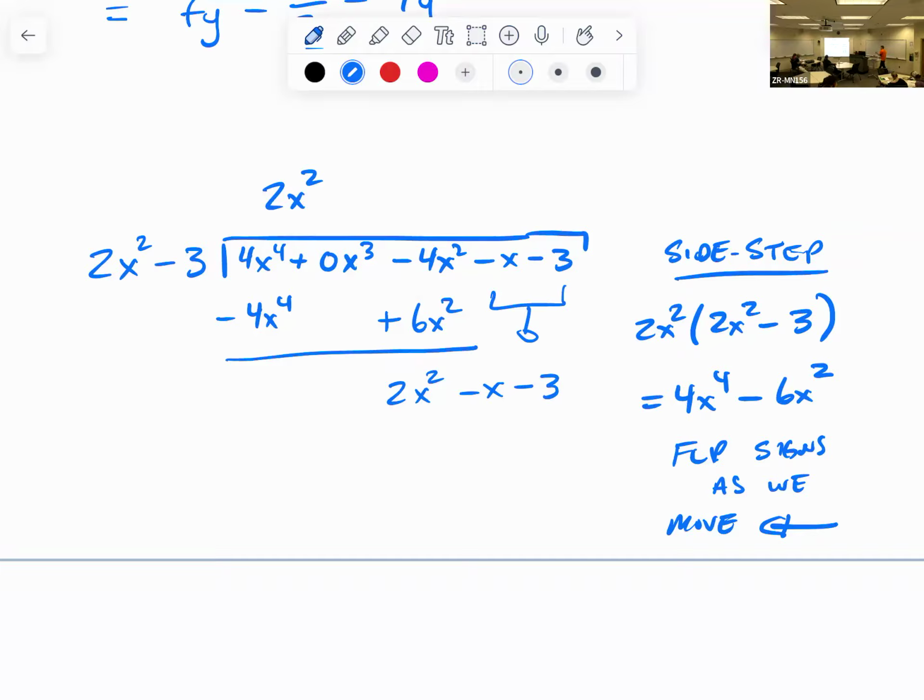2x squared times what makes 2x squared? 1. This is what you were asking about, Brian. I'm just matching those terms, and this is the best case. 1.